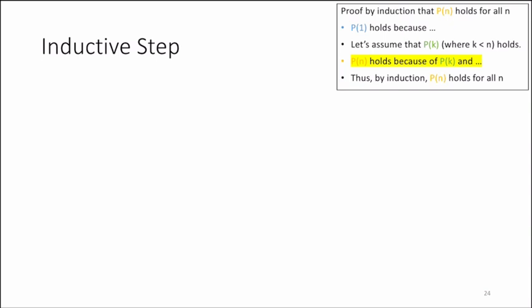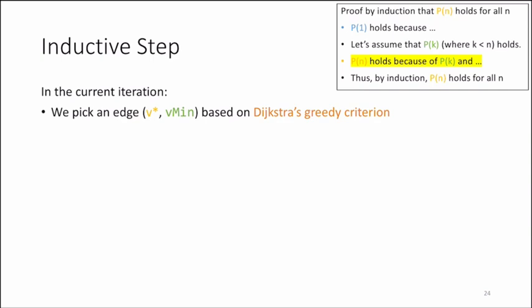So what do we do in each iteration? Let me state this a little bit differently than in the pseudocode. In the current iteration, we pick an edge, and we'll call it (v*, vmin). v* is the vertex that we already know the path length to. We're already assuming that we have the minimum path length to that, and we're going to use our inductive hypothesis for that.